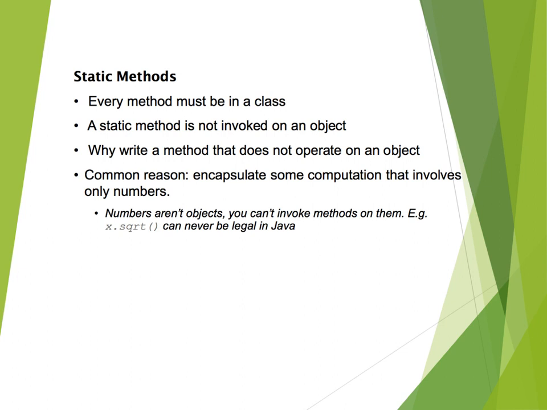You cannot say x, as a number, dot square root. This is not legal in Java. So you want square root to be a static method that doesn't operate on an object, so that you can call it without instantiating an object from a class.